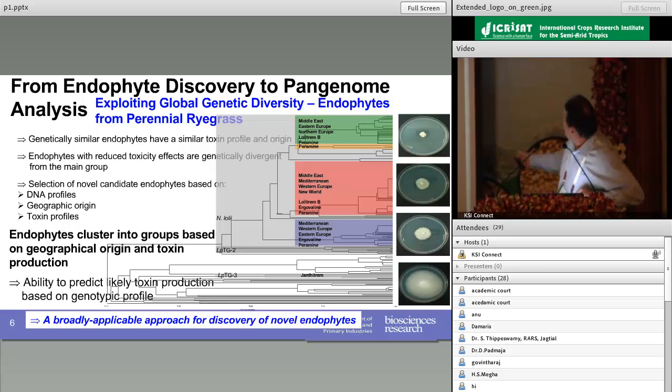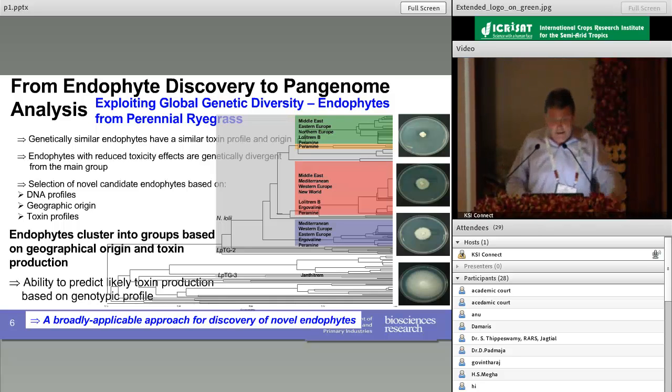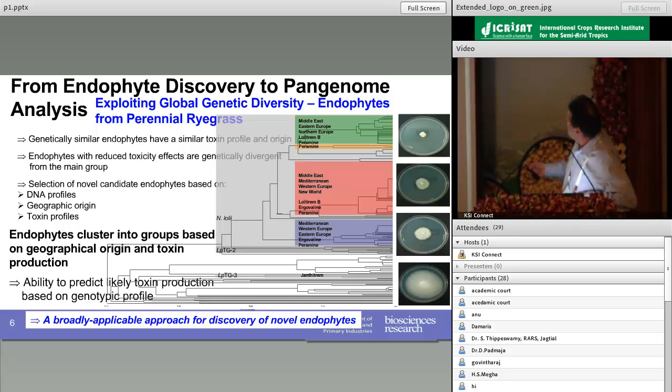So here you see examples of endophytes that will produce, say, peramine only or peramine in origin B. So peramine is a key insect deterrent, so one desirable alkaloid. Another major cluster in Neotyphodium lolii produces origin B, ergovaline and peramine, and so on.